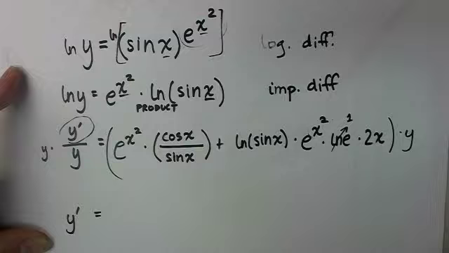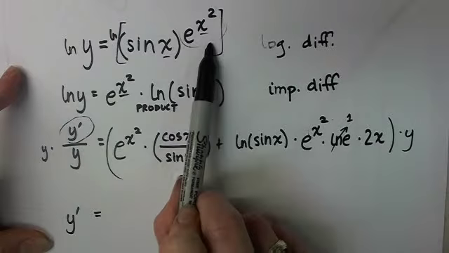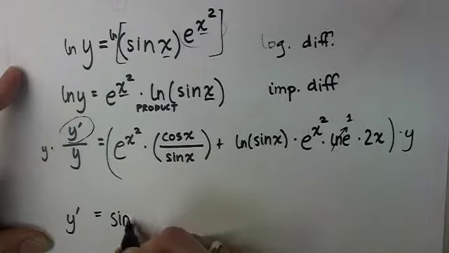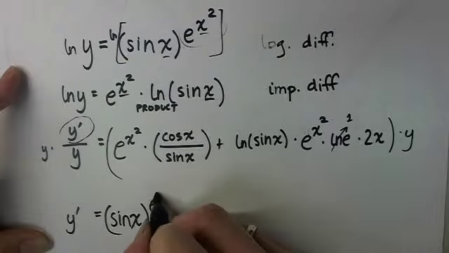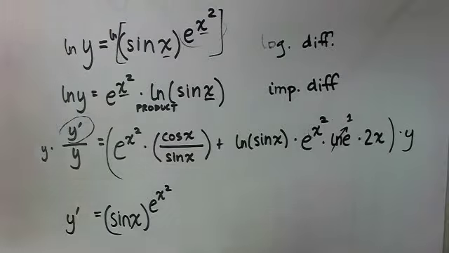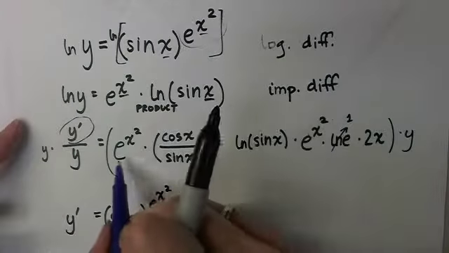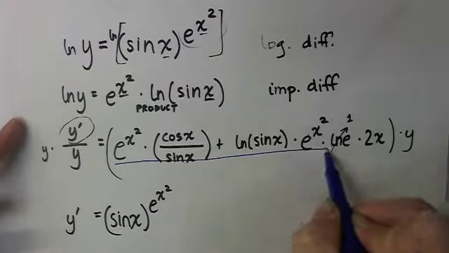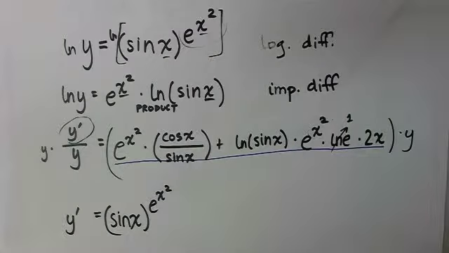Now, we know what y is equal to. y is this mess here at the beginning, sine of x to the power of e to the x squared. So I'm just rewriting y. And then let's see, looking here on the inside of what we could do to simplify this, we've got 2 terms.